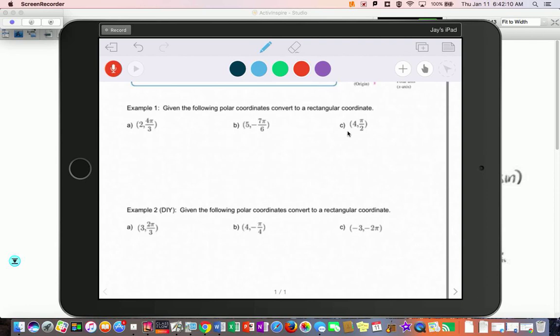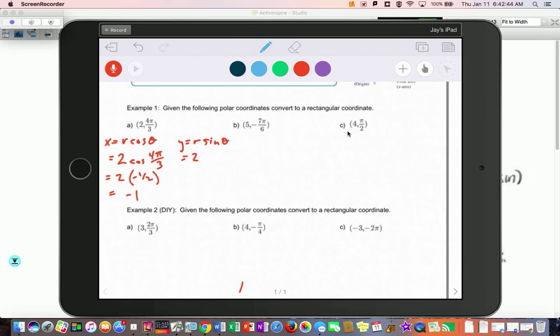I just write down X equals R times cosine of theta, where R is 2 and theta is 4 pi over 3. And so you'd use your unit circle to help you out. Cosine of 4 pi over 3 will be negative 1/2, and we end up getting negative 1. And then I do the Y equals R sine of theta.